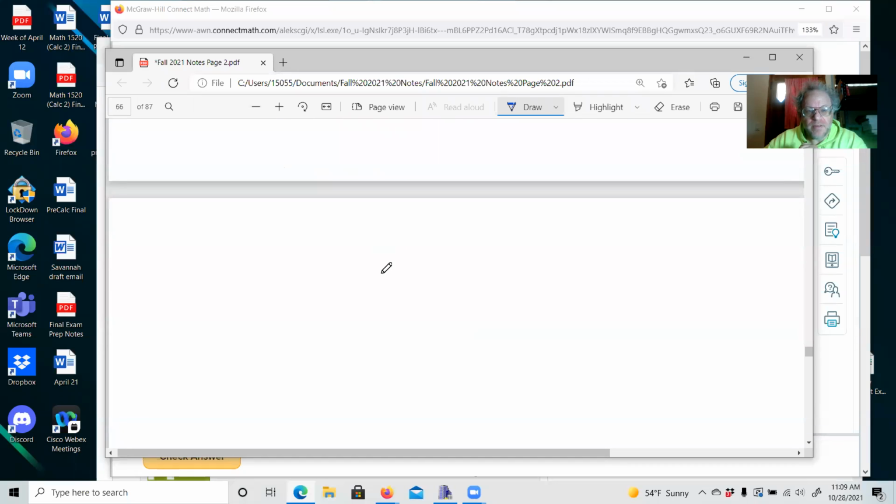So double angle formulas, the derivations are actually a bit easier than the sum of angles, okay? So if you remember, the sine of A plus B is equal to sine A cosine B plus cosine A sine B. Okay.